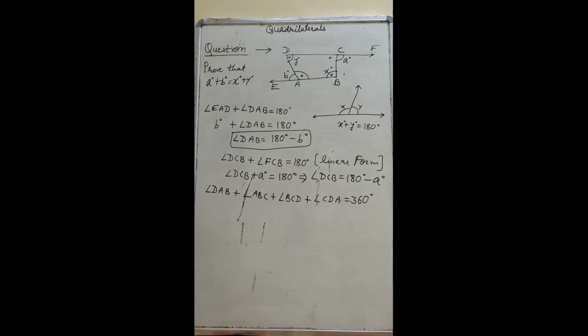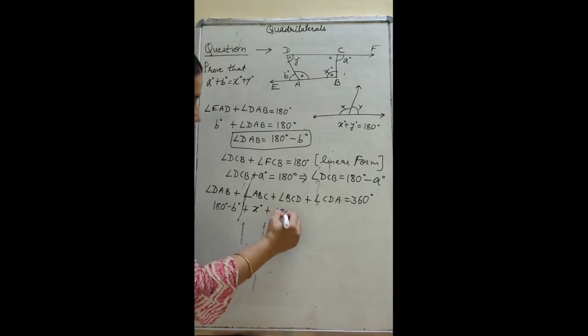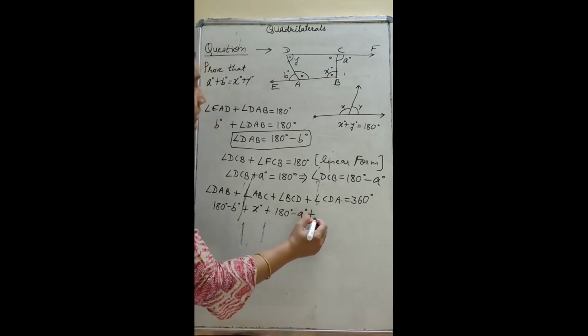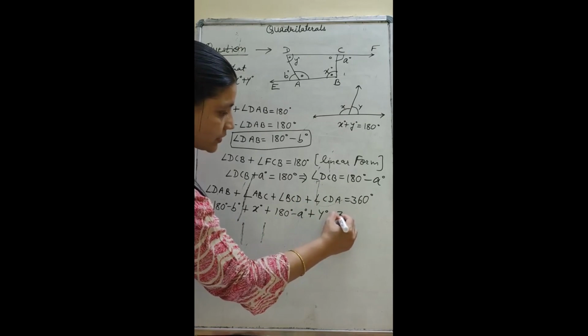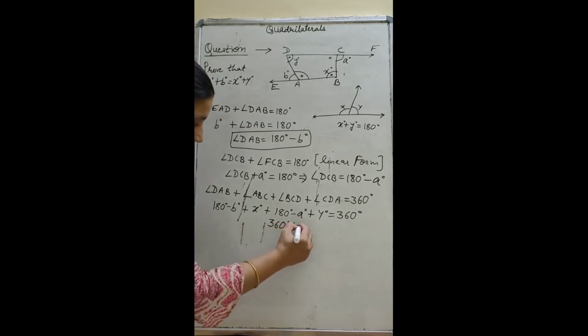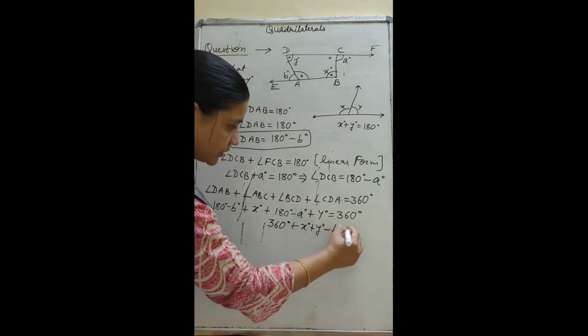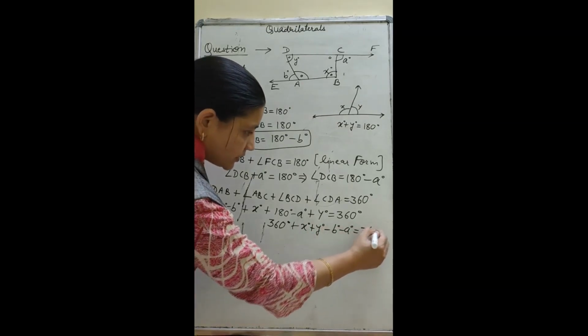Now we will replace the values. Angle DAB is here 180 degrees minus B degrees. ABC is here X degrees. BCD, we have calculated the value. This is 180 degrees minus A degrees. CDA is Y degrees. And this is 360 degrees. 180 plus 180 is equal to 360 degrees, plus X degrees plus Y degrees minus B degrees minus A degrees is equal to 360.